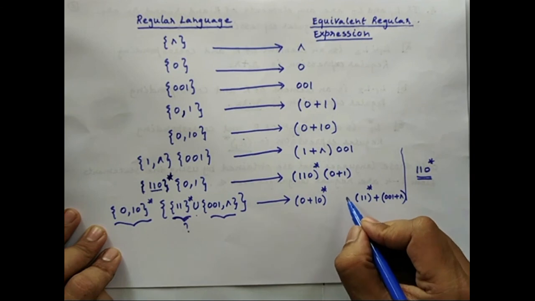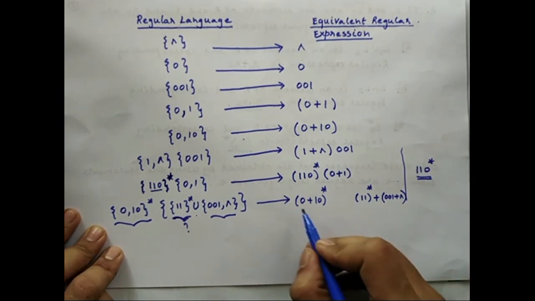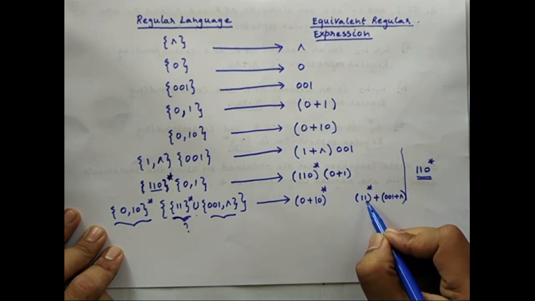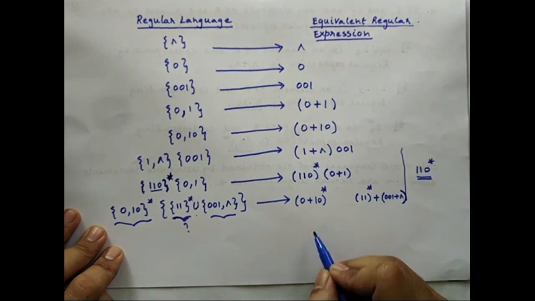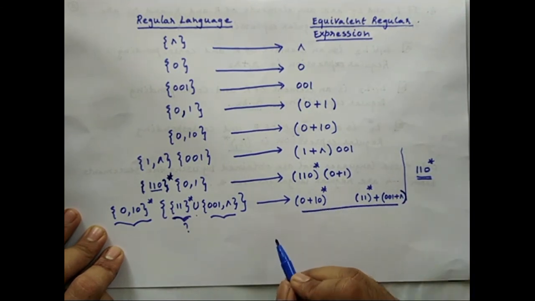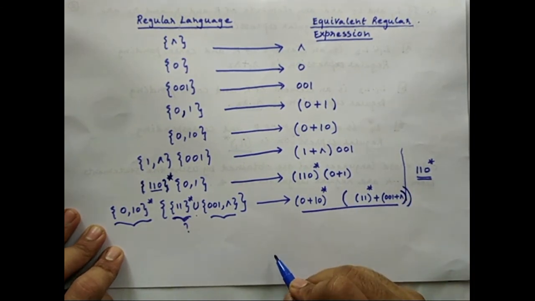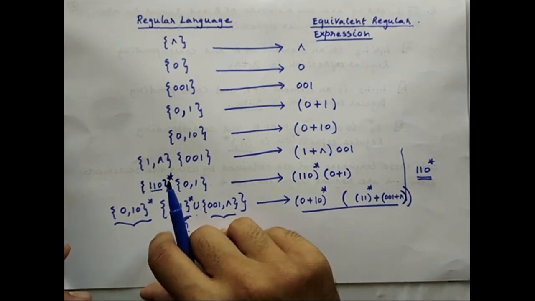Actually the brackets are not required here, so this can be written as (0 + 10)*(11* + 001 + null). So this is a regular expression. You may also write the brackets. So this is how the regular expressions are written.